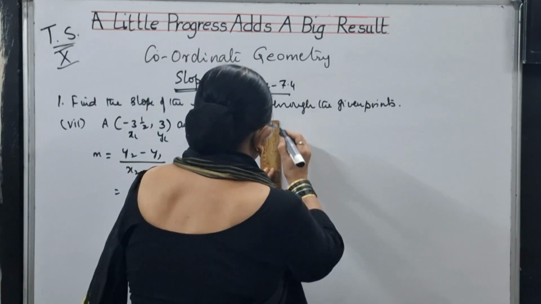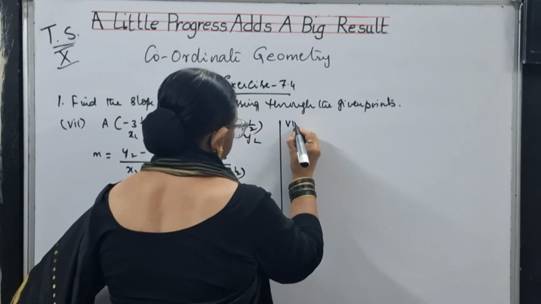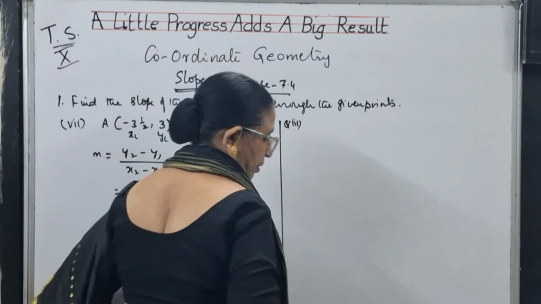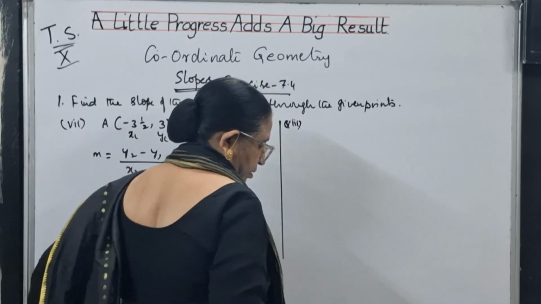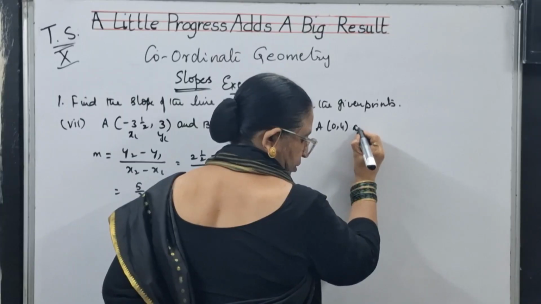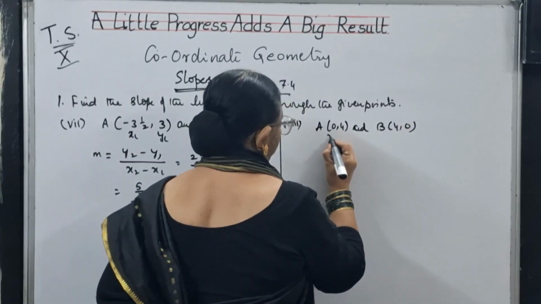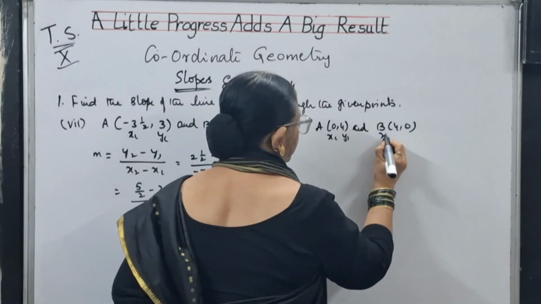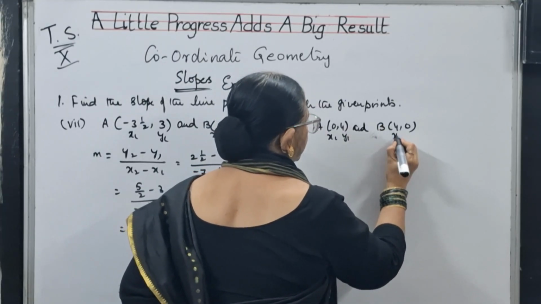Now 8th bit. 8th bit is A 0 comma 4 and B 4 comma 0. X1 Y1, X2, Y2.